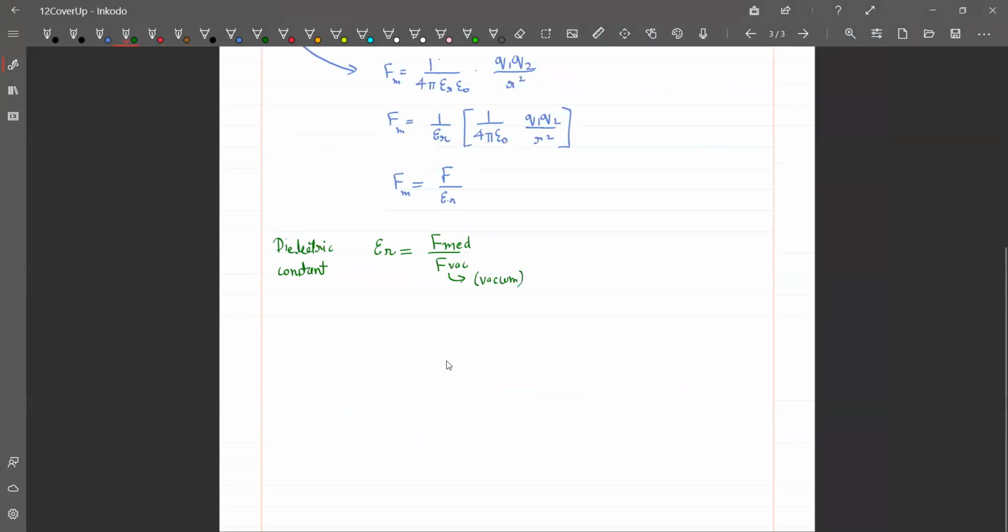So this is how dielectric constant can be measured. And for different substances like water, air, dielectric constant has different values.